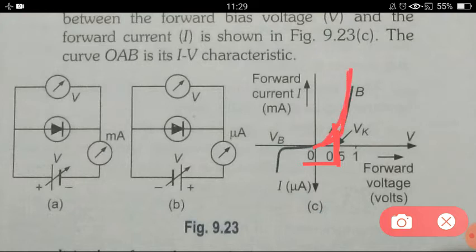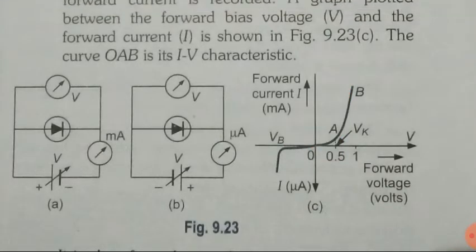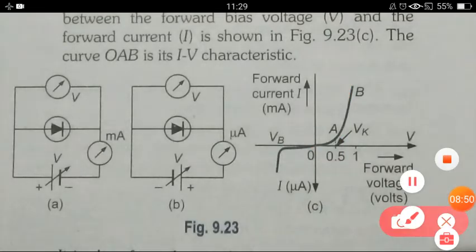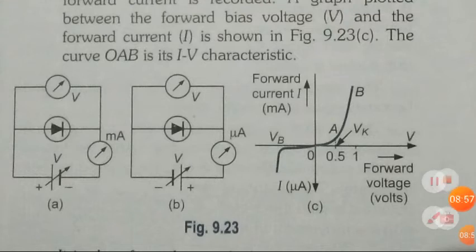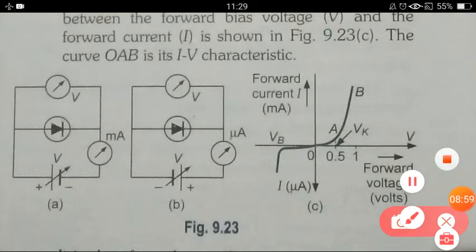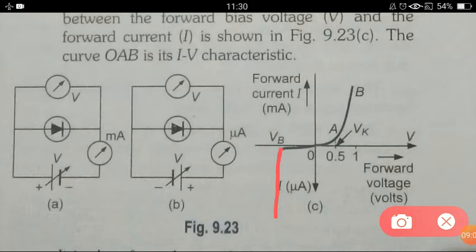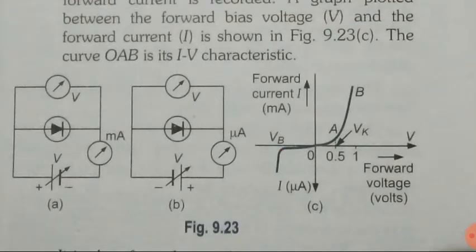The current becomes very high. Similarly, in reverse biasing, initially the current increases very slowly, but after a certain value of voltage the current increases abruptly, meaning suddenly it increases so much. So this is the characteristic curve for a PN junction diode in forward and reverse biasing.